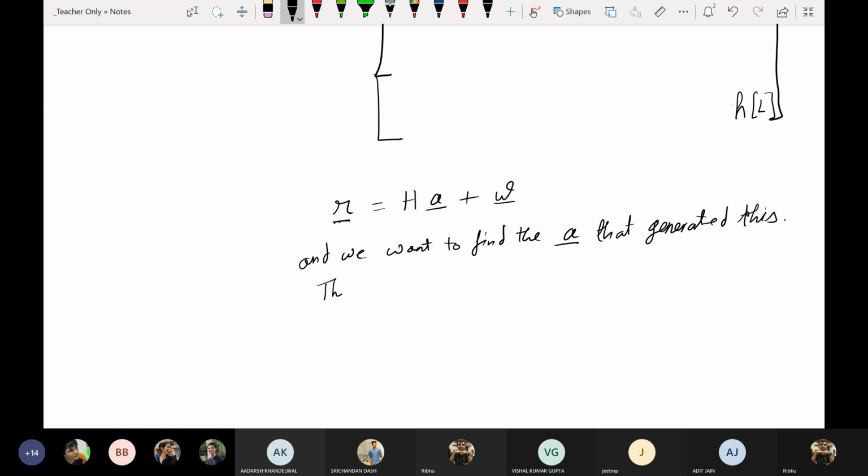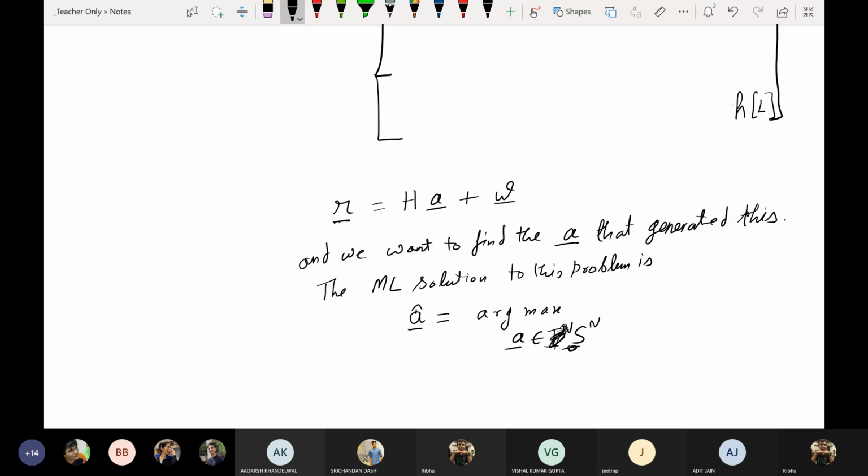So the maximum likelihood solution to this problem is a hat equals argmax over a in S to the power n, where S is the generating constellation.